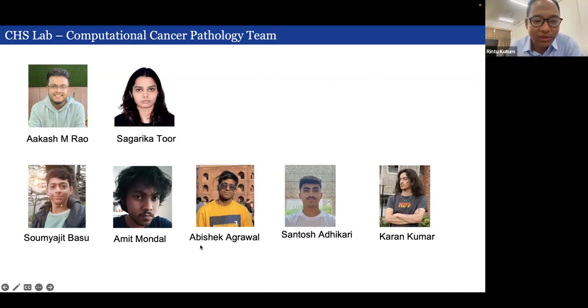For example, Amit and Abhishek come from a tech background, and bring the back end and the front end side. Santosh and Karan are primarily involved in the machine learning part of it. Somajit is heavily interested in segmentation and temporal modeling with deep learning algorithms. Akash has spent almost one year in the lab, where he has contributed to oral cancer and triple negative breast cancer.